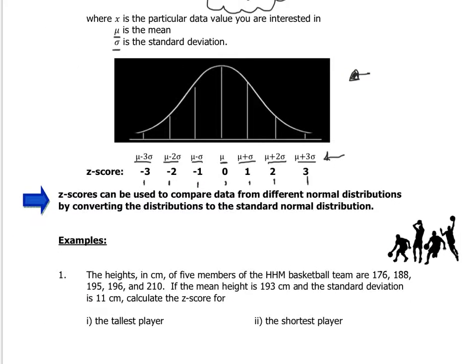So z-scores can be used to help compare data from different normal distributions by converting the distributions to the standard normal distribution. Basically, when you've got all this data, they each have their own mean and their own standard deviation, and it's hard to compare them.